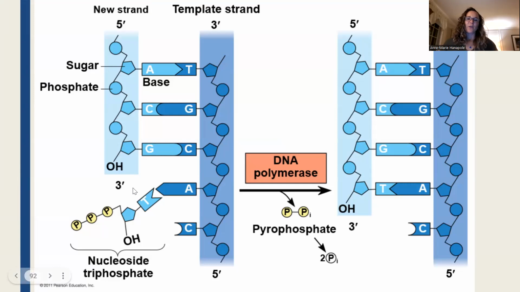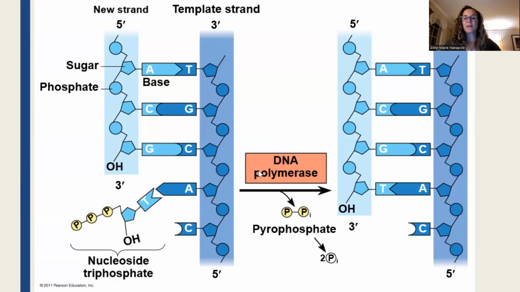And then this is just showing you how those polymers are assembled. So here you've got the DNA polymerase enzyme that is adding the new nucleotides. And when a new nucleotide comes in, it actually is a nucleoside triphosphate that is being used to put nucleotides on. And again, that phosphate group is going to attach onto the 3' carbon of the previous molecule that's already on the building strand.